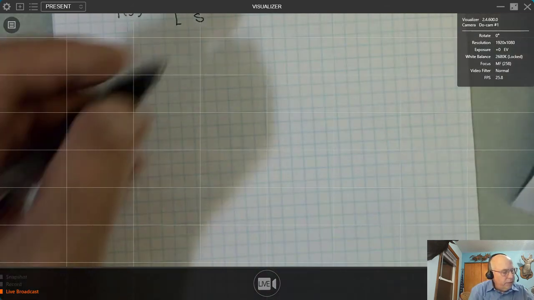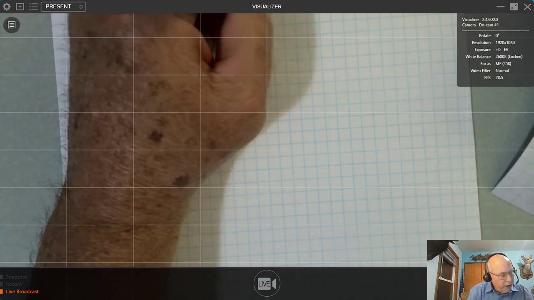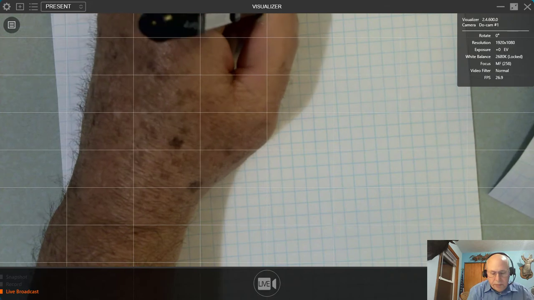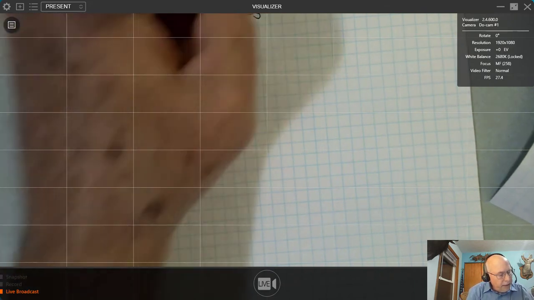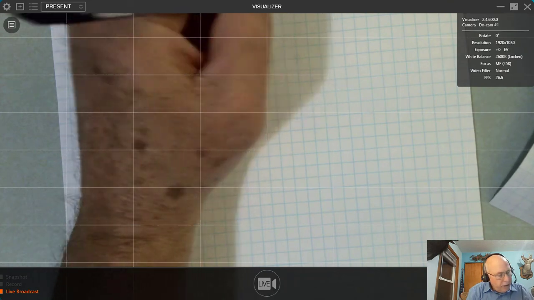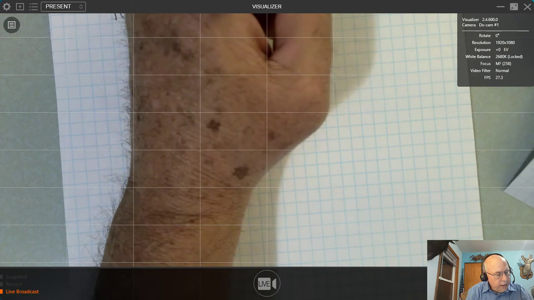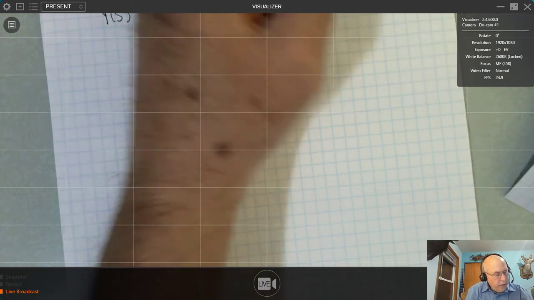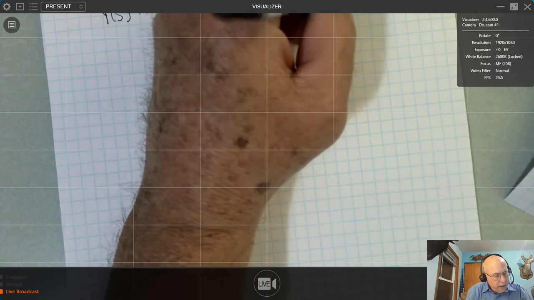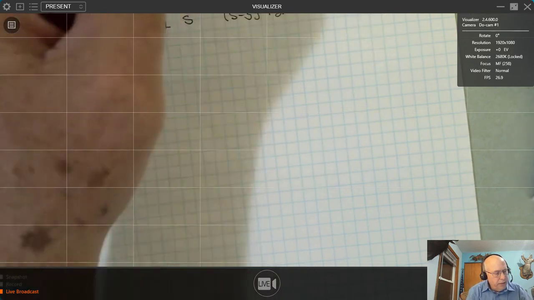So minus the fraction s minus 3 over s minus 3 squared plus 2 squared plus 3 over s minus 3 squared plus 2 squared.